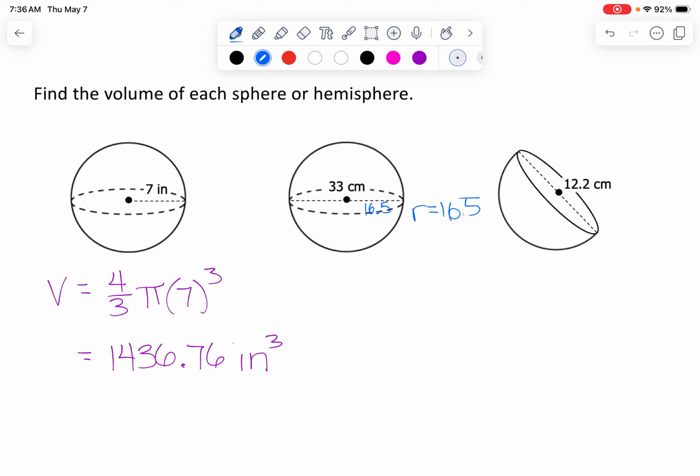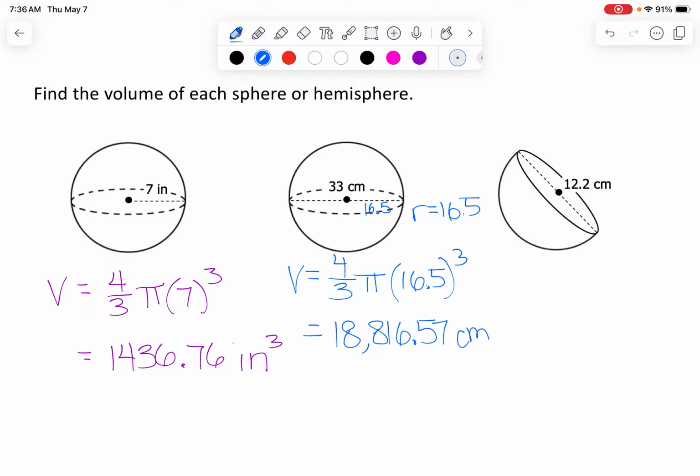And now I can just use that same formula. 4/3 pi times 16.5 cubed. And then I'm just going to type that into my calculator. Okay, and then when I do that, I get 18,816.57 cubic centimeters.